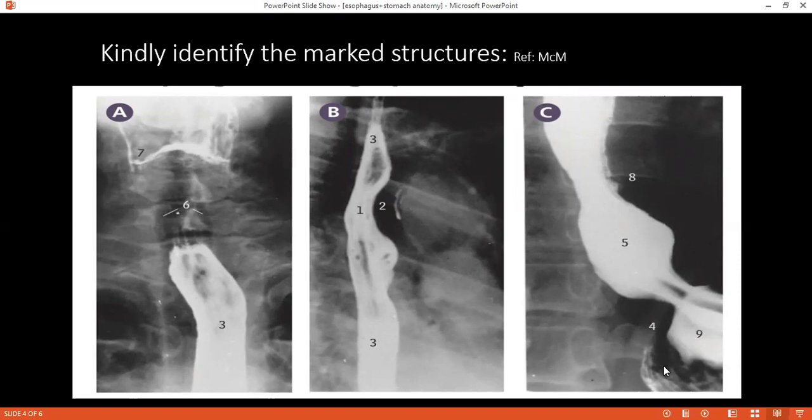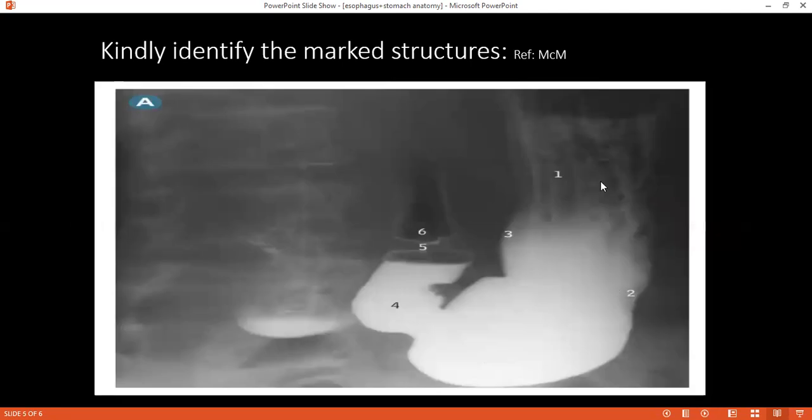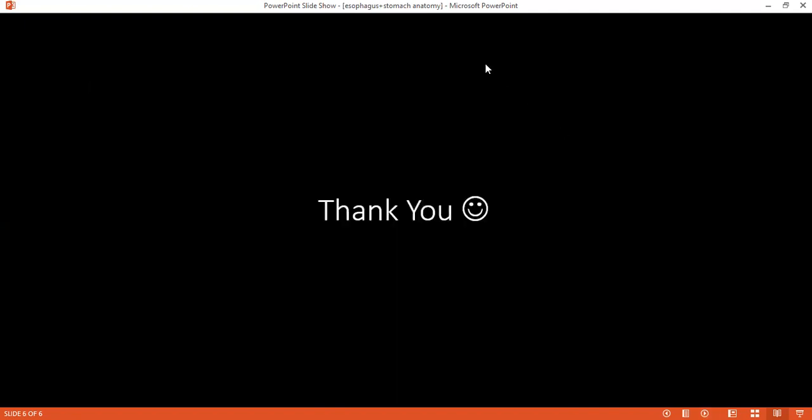And then the 9 is the stomach fundus. Yes. Okay, this is the last picture. This 4 is what? The first part of the duodenum. Very good. Excellent. Yes, that's it. Good. Thank you.